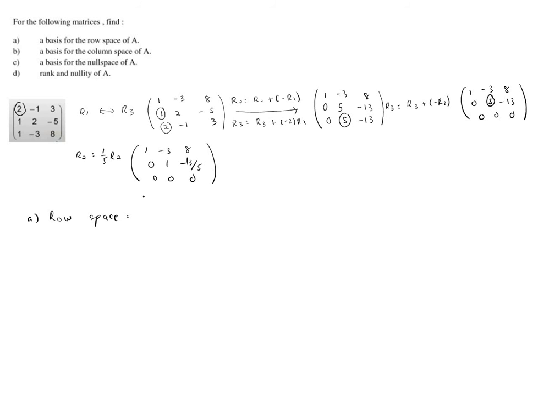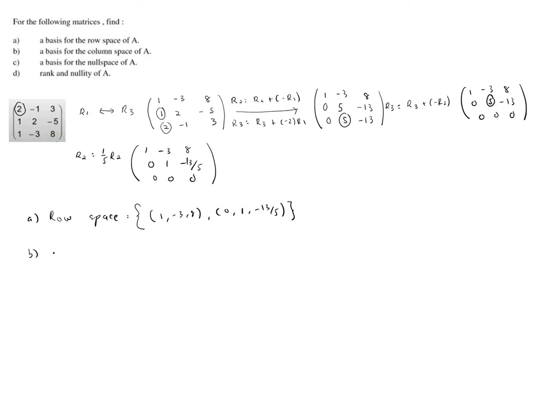Okay. So A, row space. Row space, we have 2 rows. Okay, sama jugalah 2. The first one is 1, negative 3, 8. And also 0, 1, negative 13 over 5.